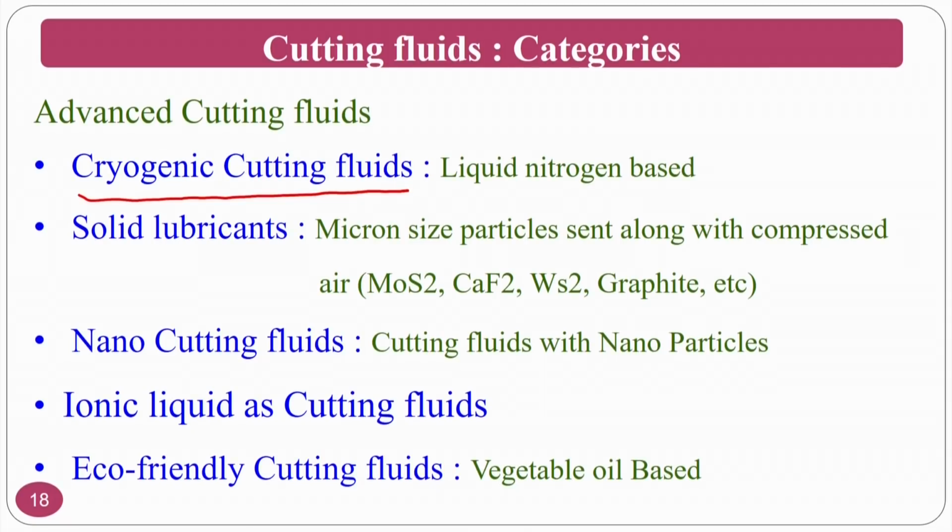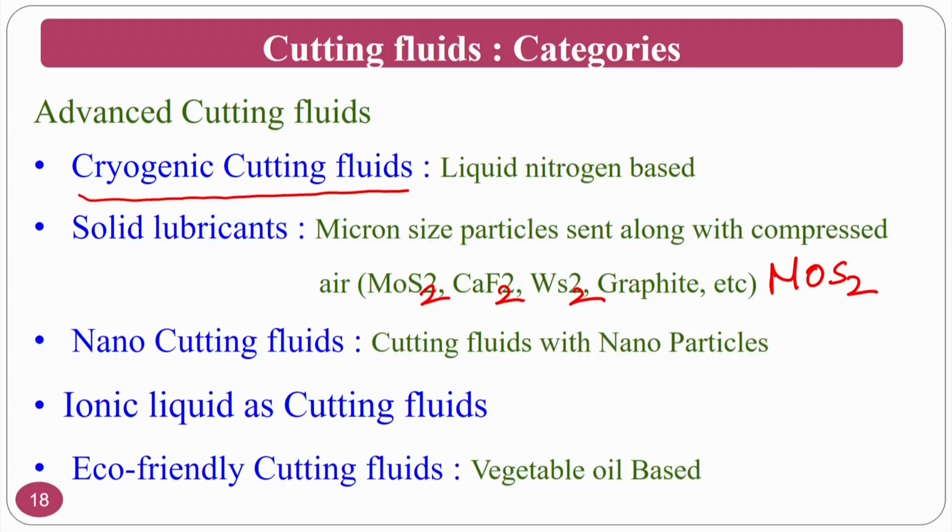Normally these are MoS2, CaF2, that is calcium fluoride, and tungsten disulfide. So these are the common lubricating materials, even graphite also.